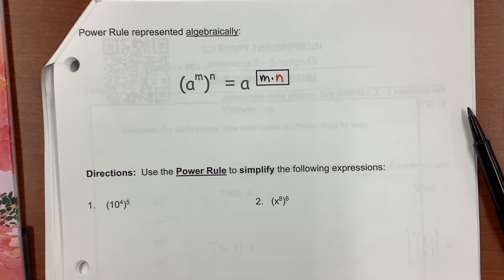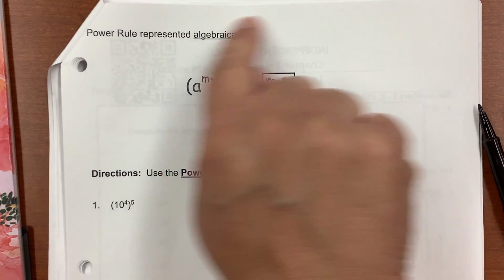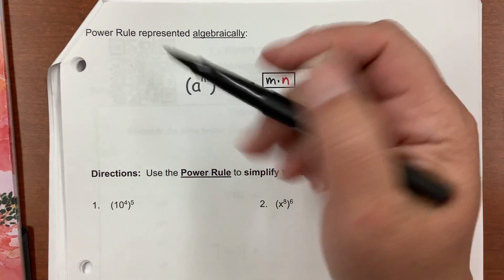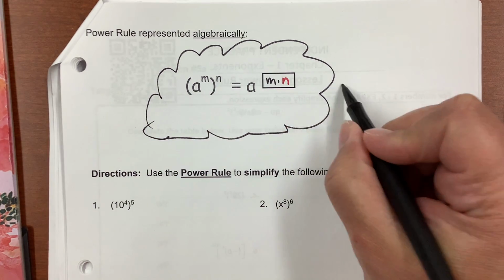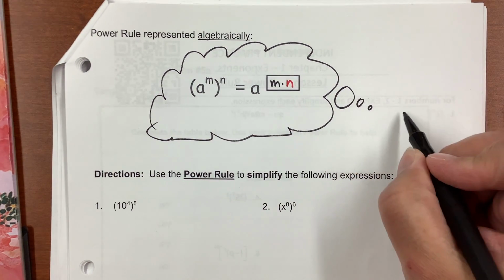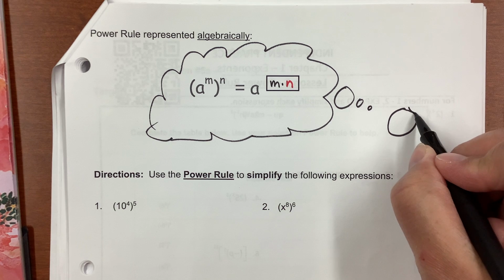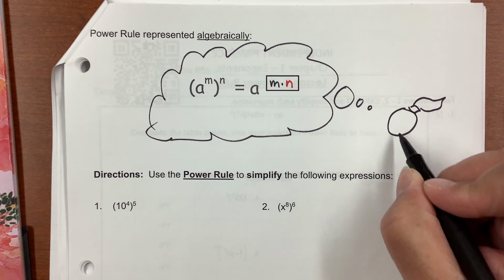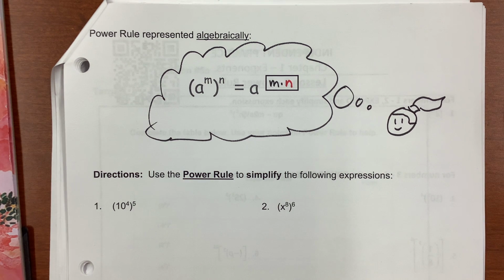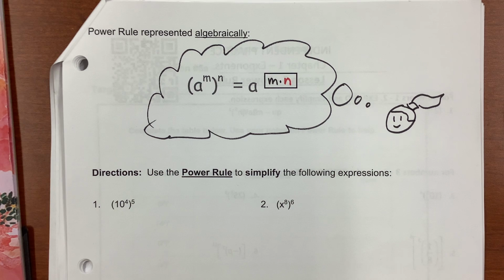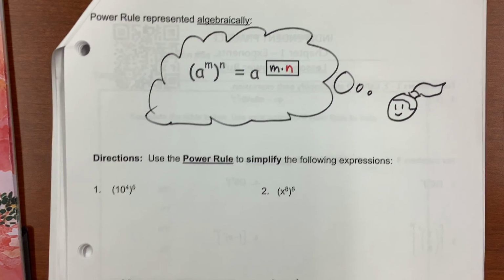There's a lot of space here because it's important. Maybe we should put a big puffy cloud around it of importance. And maybe a little thought bubble going down to a crazy bona fide thinker. Hey, yeah. Here's me. I'm thinking good math thoughts. If I have two powers, one inside a parenthesis, one outside, I'm going to multiply them.